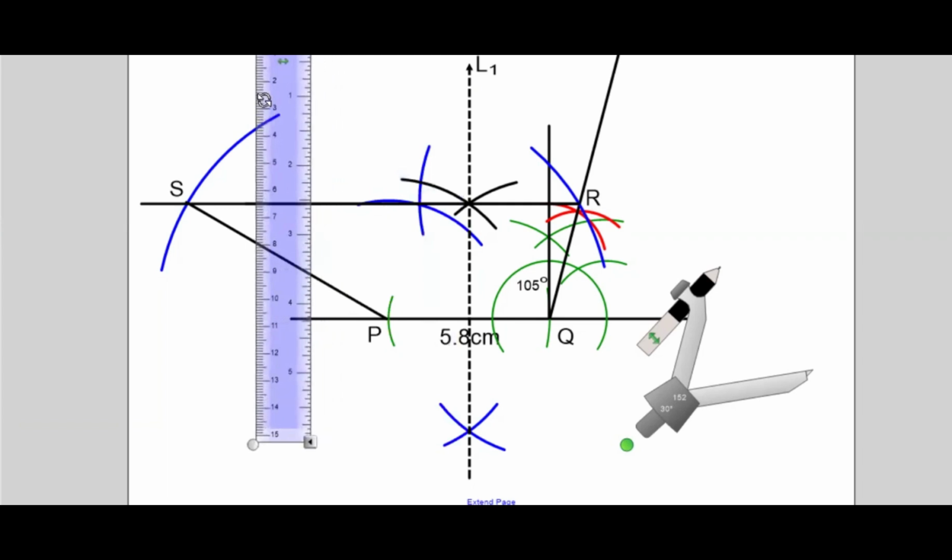Then the second one is the locus of points equidistant between PQ and QR.